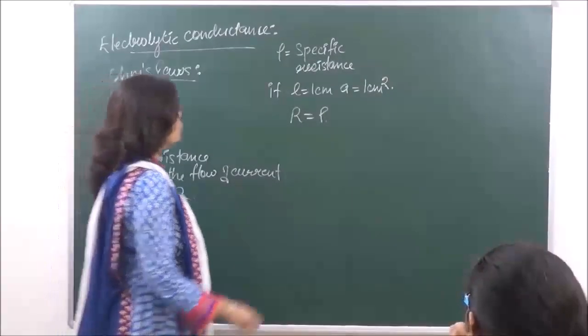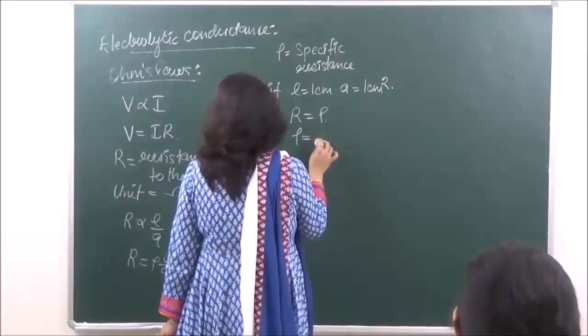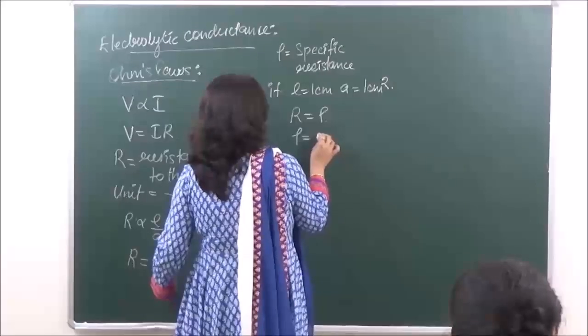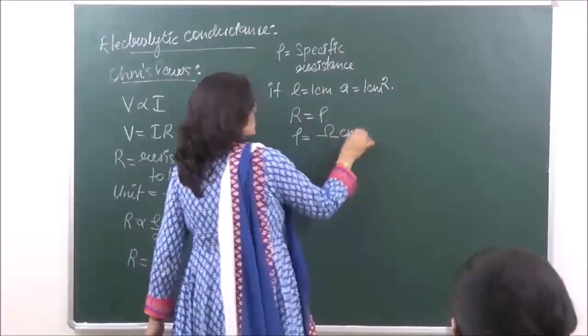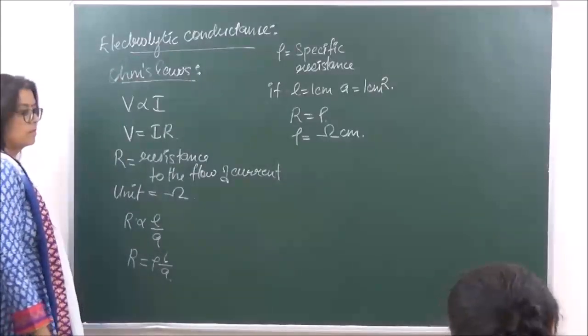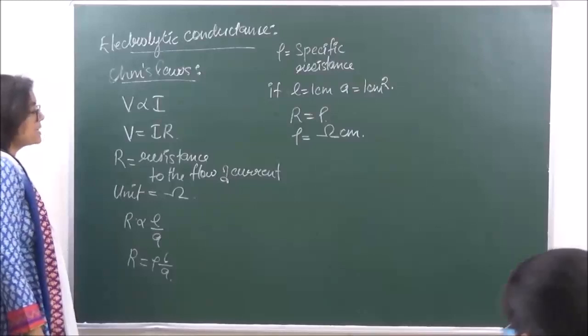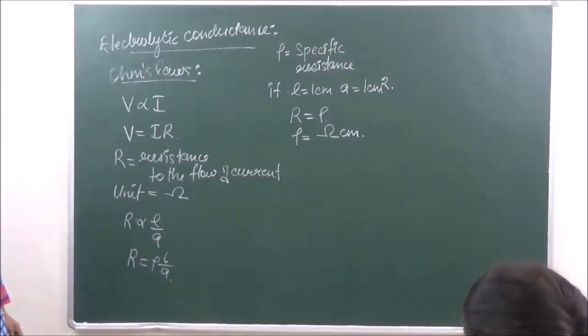What is the unit of specific resistance? Rho has the unit ohm centimeter. Right? Now this specific resistance is inversely proportional to specific conductance.